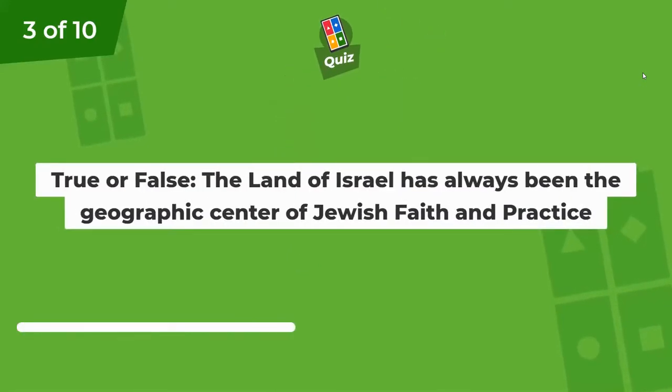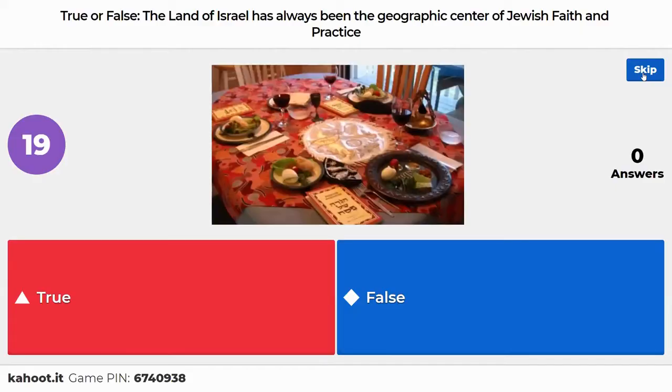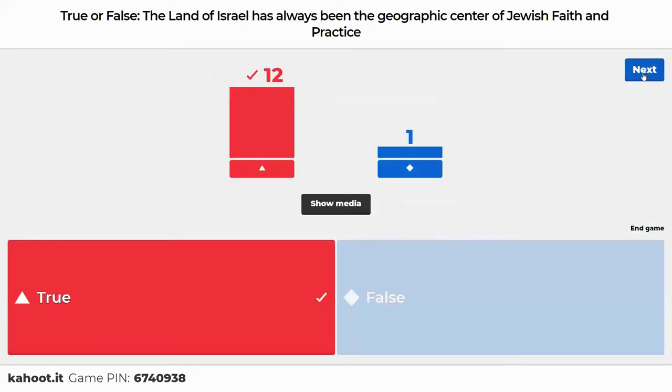True or false: the land of Israel has always been the geographic center of Jewish faith and practice. And the right answer is true, and 12 of us got it right.